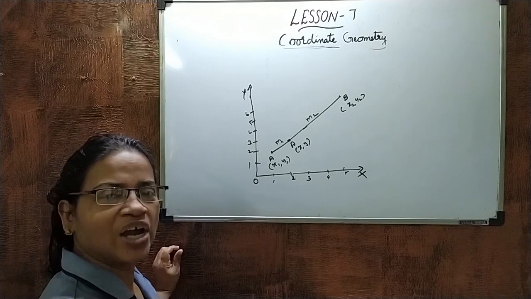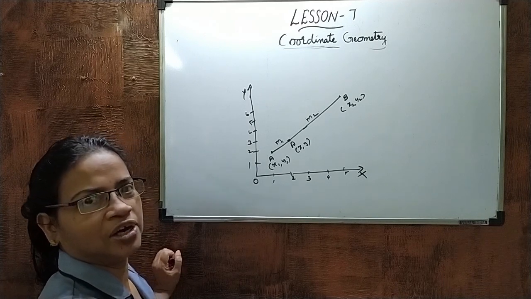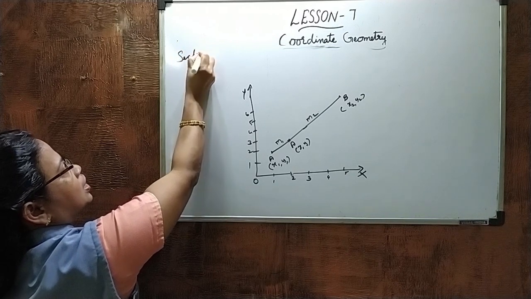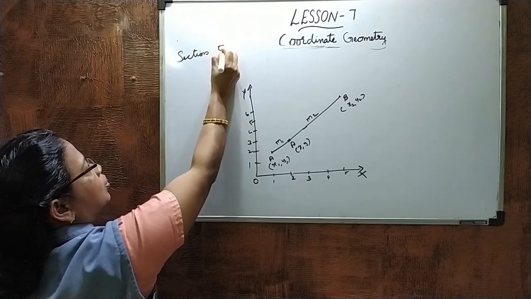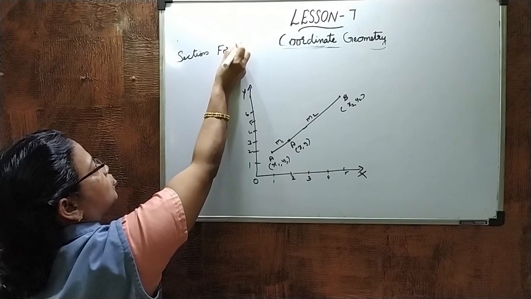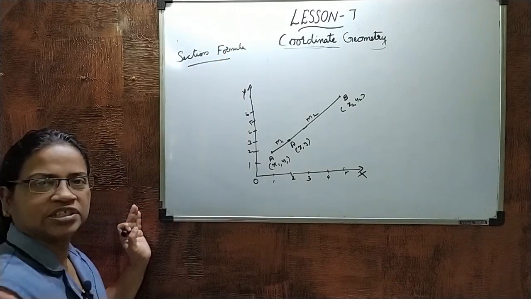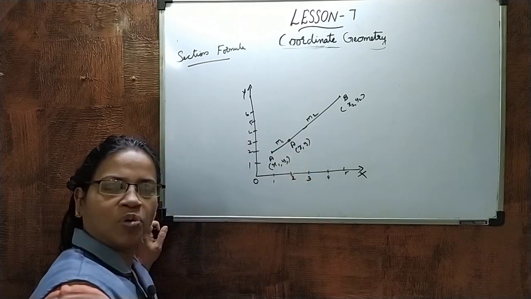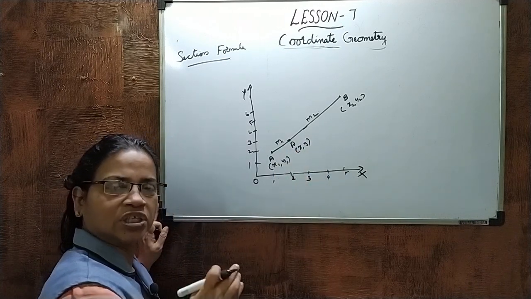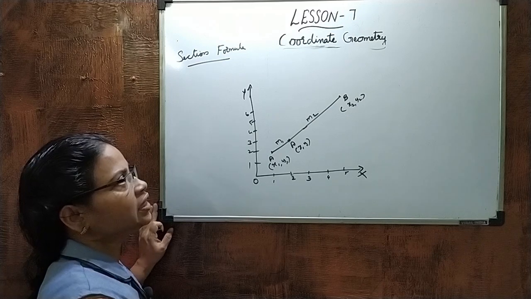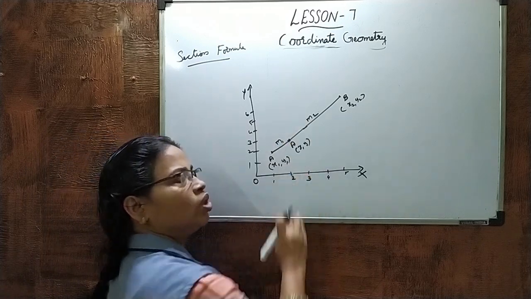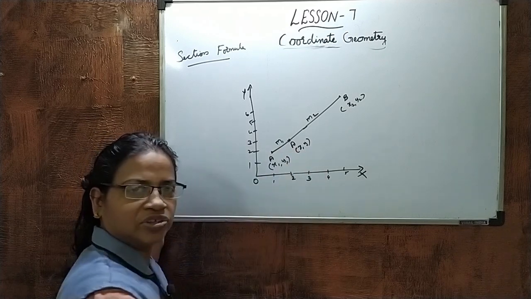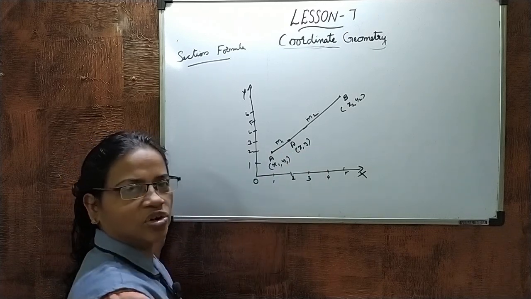For that, we have to use one formula, that is called the section formula. Today, we are going to learn how to use the section formula to find the coordinates of the newly found point, and whenever the ratios are not given, how to find the coordinates of this point.